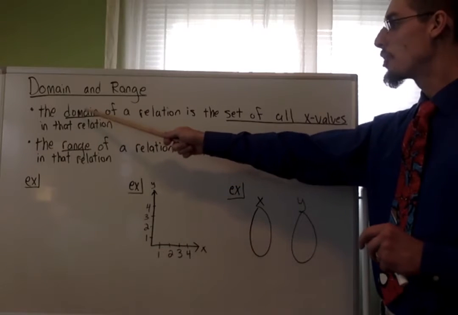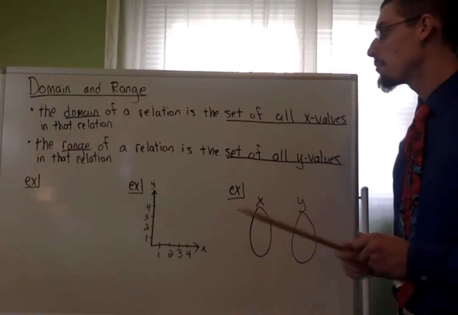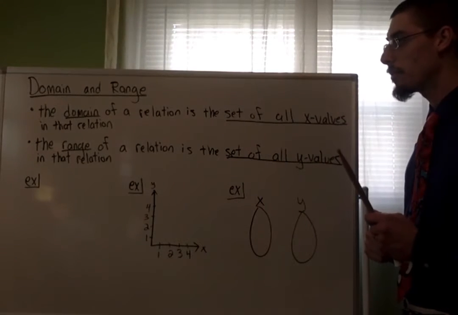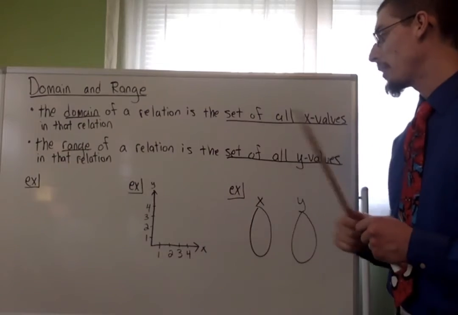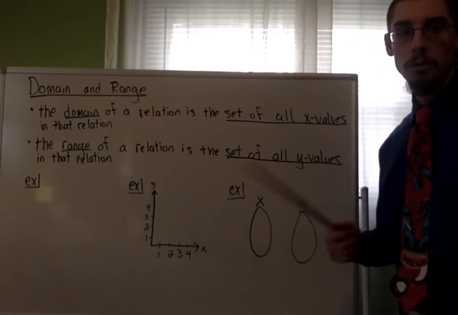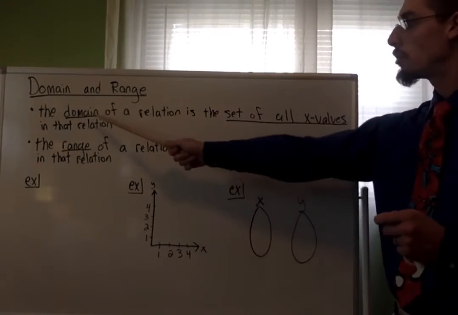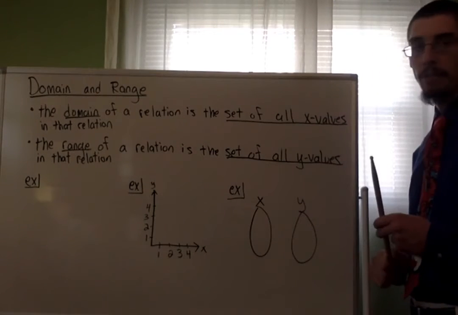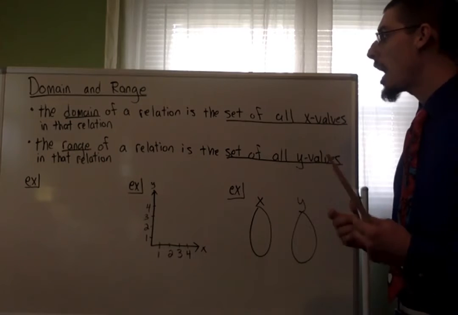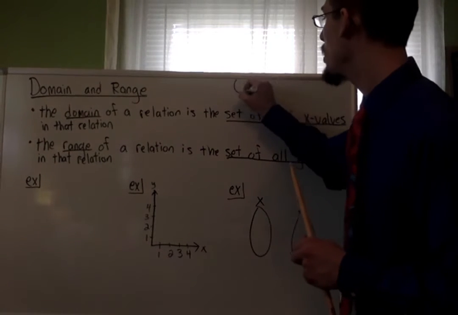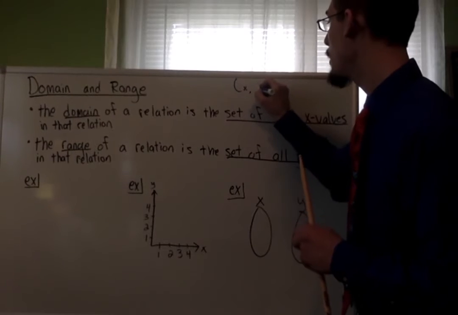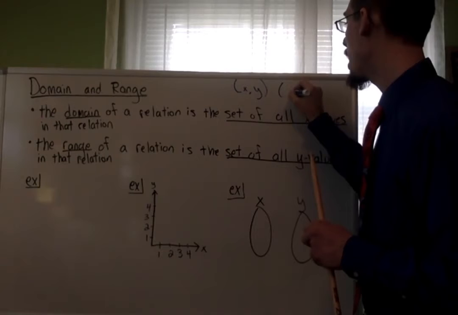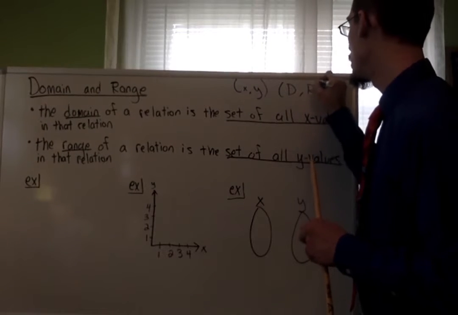Concepts, at least. The domain of any relation is just the set of all the x values in that relation. And the range of a relation is the set of all y values in that relation. Domain, x values. Range, y values. I always remember it because when you have x, comma, y, you can think domain, comma, range.